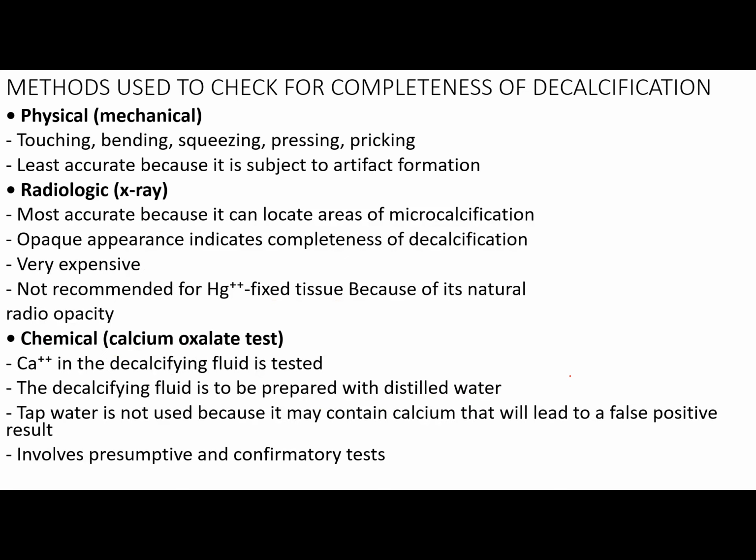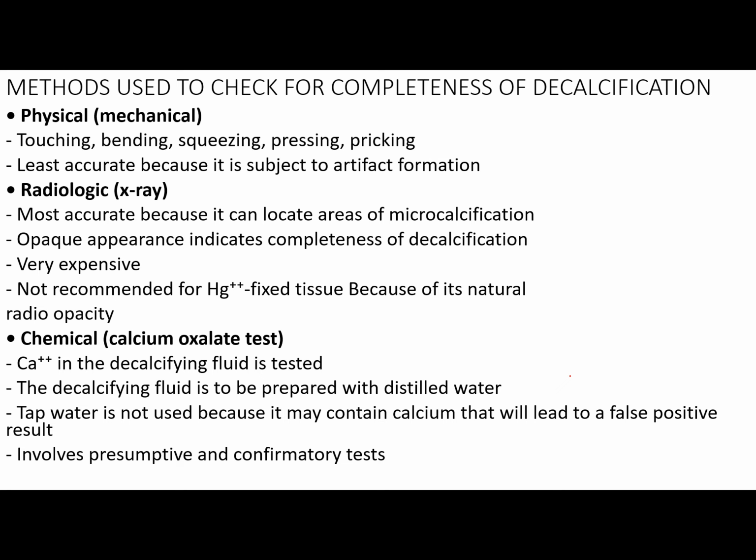Then we have your radiologic via X-ray, which is the most accurate because it can locate areas of microcalcification. Opaque appearance indicates completeness of decalcification. Sadly, this is a very expensive method, not recommended for mercury fixed tissues because of its natural radio opacity.